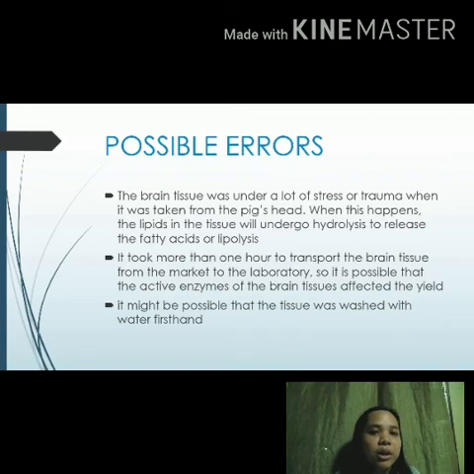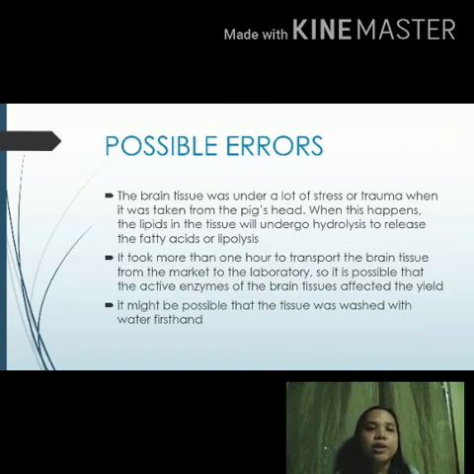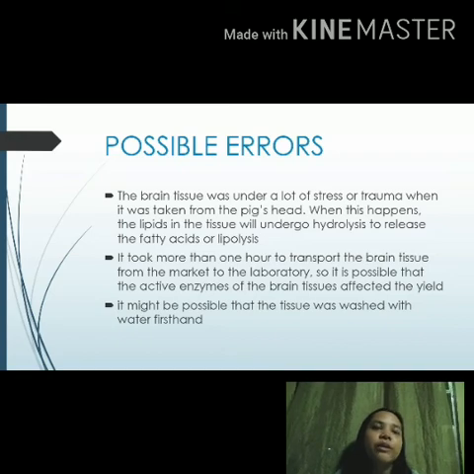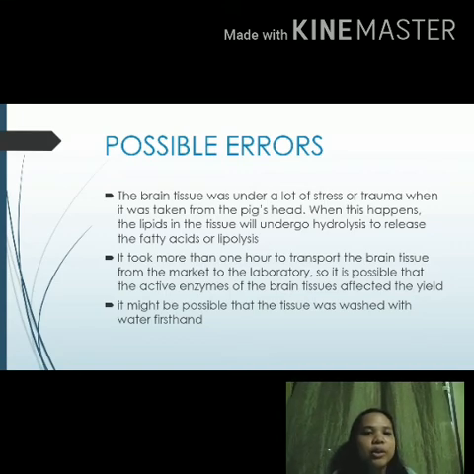So it might be possible that upon getting the brain tissues, the tissue experienced trauma, and by doing that, the lipids could have undergone lipolysis, which is where the fatty acid breaks from its backbones. Also, it might be possible that the active enzymes in the brain attack the lipids, as it wasn't refrigerated right after it was taken.